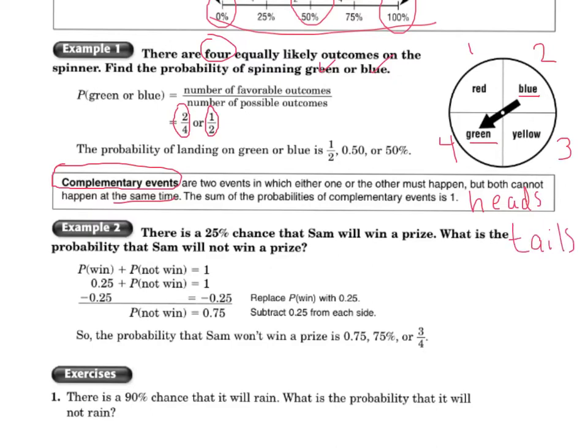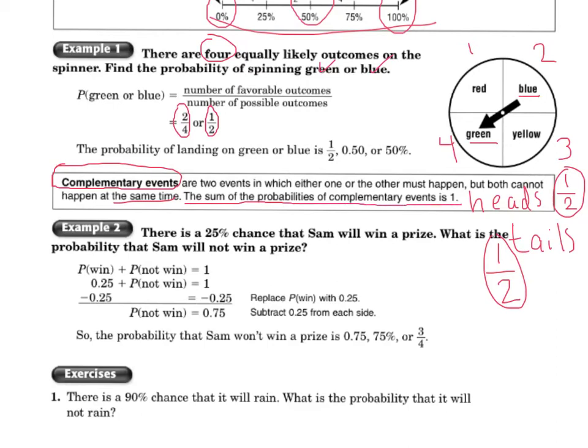You can't land on heads and tails at the same time. The probability of getting heads is 1 out of 2 outcomes, and the same thing with tails. What is 1/2 plus 1/2? It's equal to 1. The sum of the probabilities of complementary events is 1.